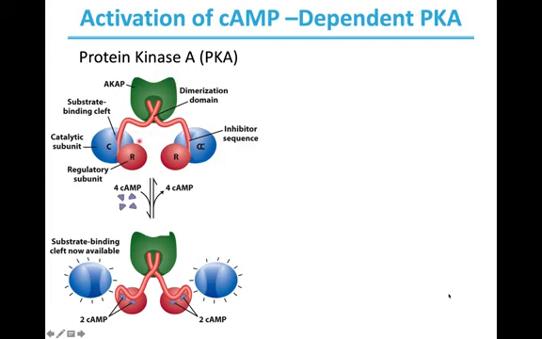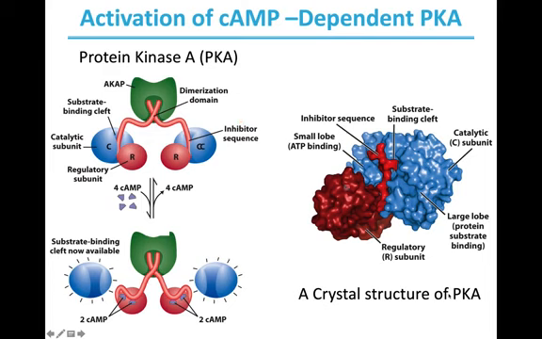Now, a crystal structure of PKA is shown here in this particular diagram. And here, a part of the R2C2 complex, one C subunit and part of R subunit is shown.